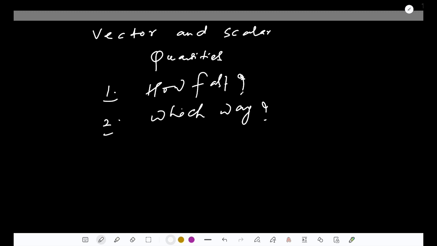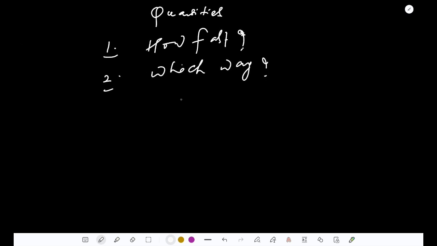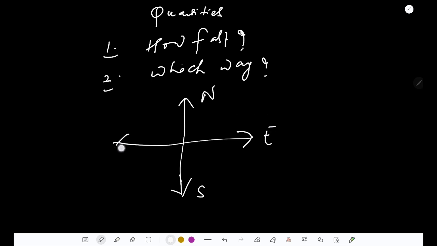You can specify it by using several tools. For example, you can use a coordinate system. We will also use that, though not right now. Or you can use map tools: you specify first, on a piece of paper, the directions north, south, east, west.